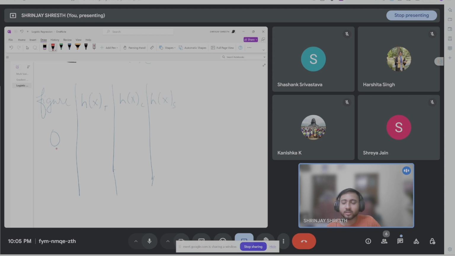If the image is a circle, your hypothesis function for triangle would be 0, pretty obvious. It would be 0 for square and 1 for the circle. If I take some triangle, the hypothesis function with respect to triangle would be 1 and the rest of them 0. If I take some square, it would be 1 for square and the rest 0.